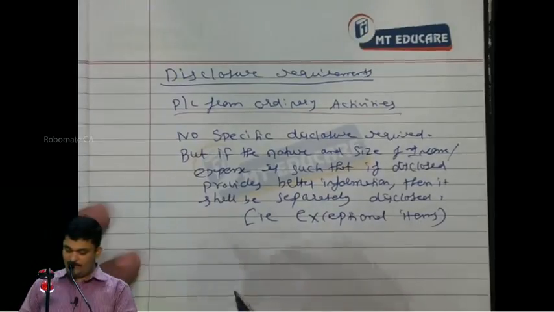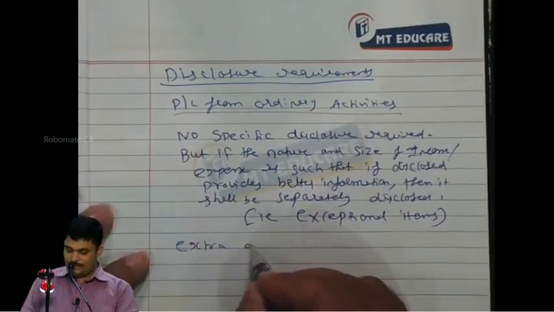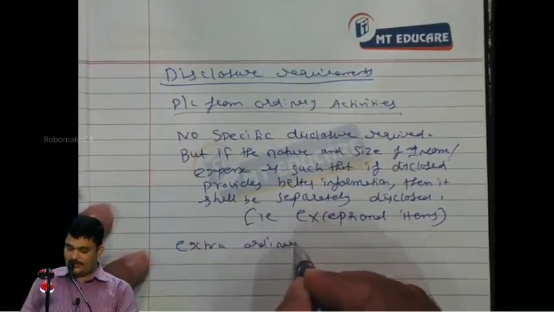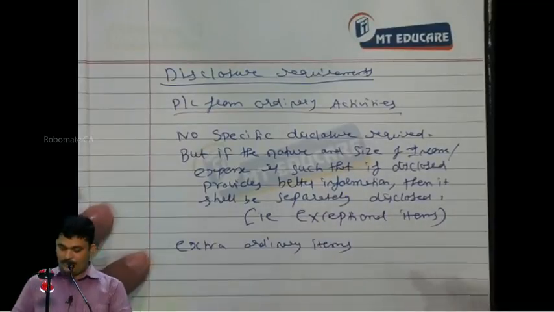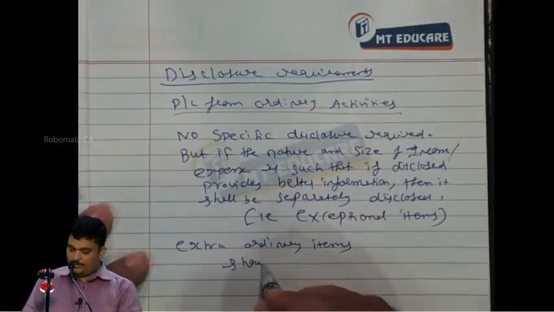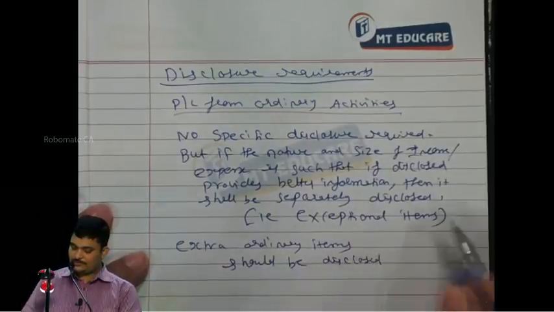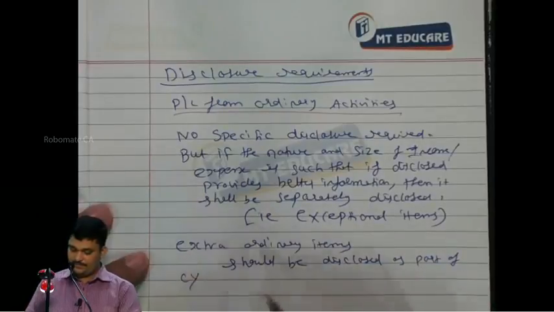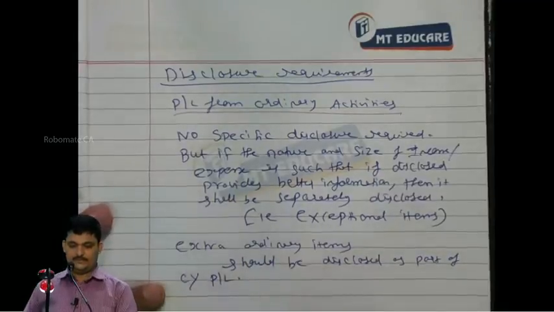Understood? Everybody? Now, for all other items, extraordinary items, should be disclosed as part of current year profit or loss.